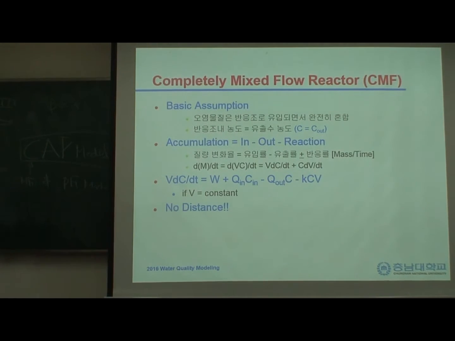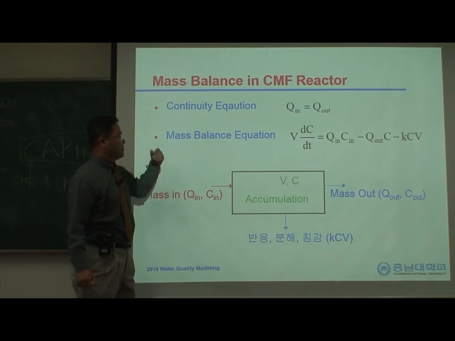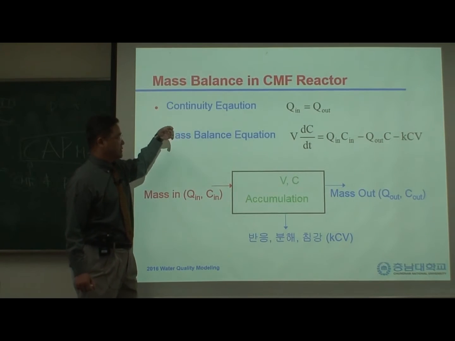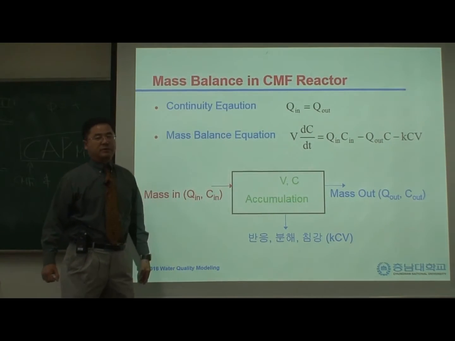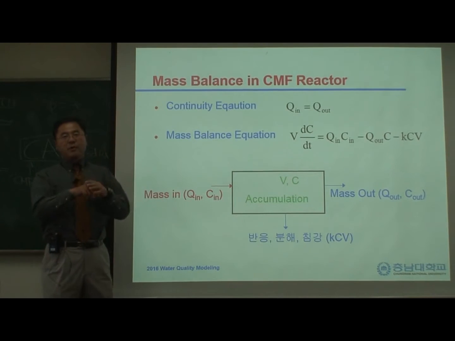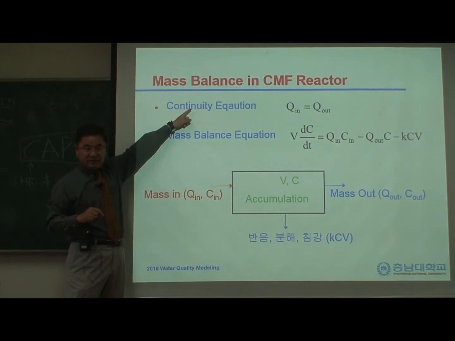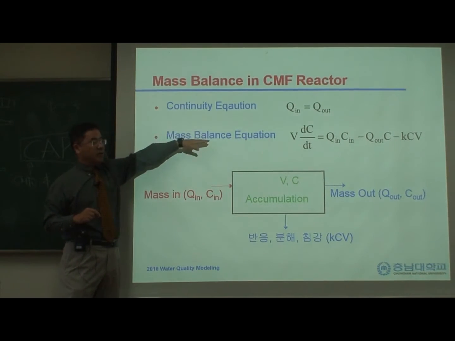You don't have to worry about the place. Here we have two different equations. One is continuity, and the other is mass balance of pollutant. Actually, both of them are mass balance. This is mass balance of water, and this is mass balance of the pollutant.